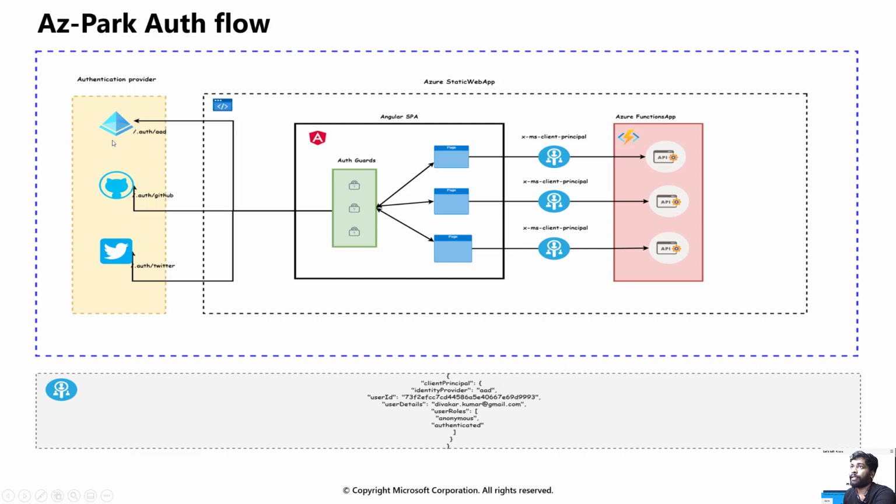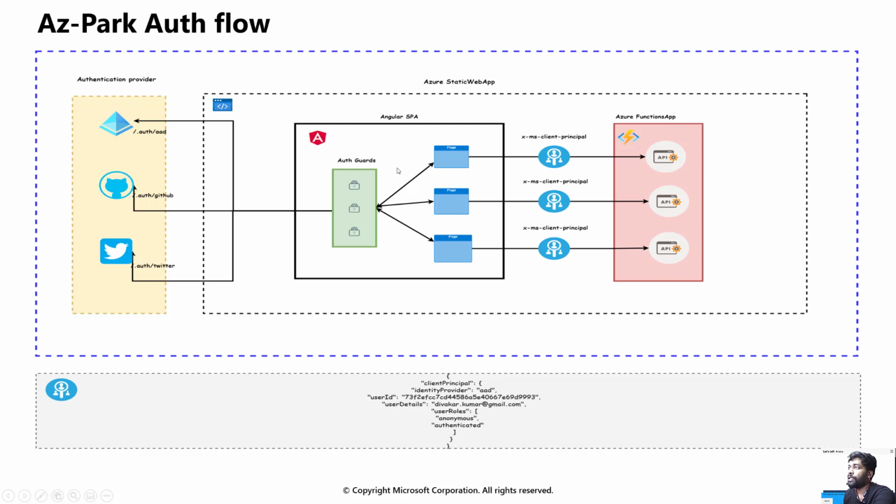One is Microsoft Active Directory, then the GitHub, and then the Twitter. So with the help of these providers, you will be able to establish the authentication and authorization support. So once you authenticate through these providers, you will be getting hold of this particular JSON, with which you will be able to authorize a particular user, whether he is an authenticated one or unauthorized one.